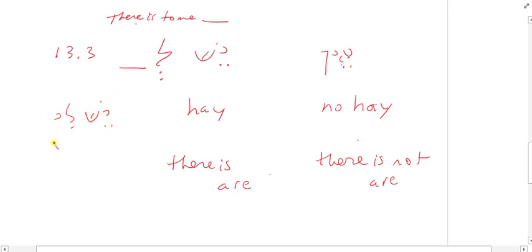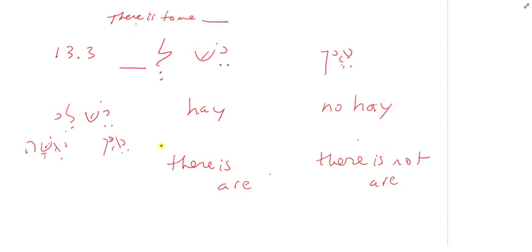To me an isha. What's that? There is to me a wife or a woman. How would I translate that? I have a wife. I have a wife. And if I said instead of yesh, ein li isha, then how would I translate that? Literally it'd be there is not to me a woman or a wife, but how would I make that good English? I don't have a wife. I don't have a wife.